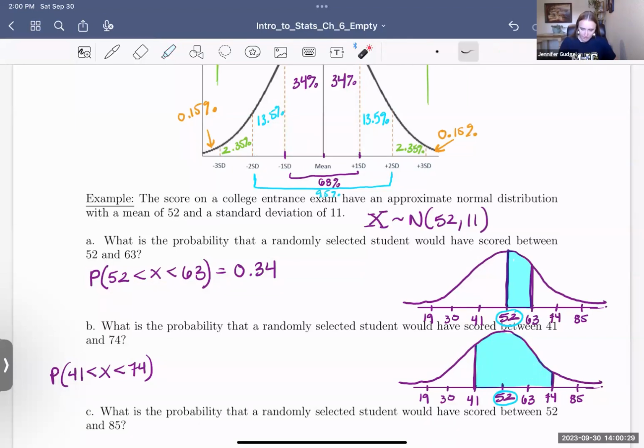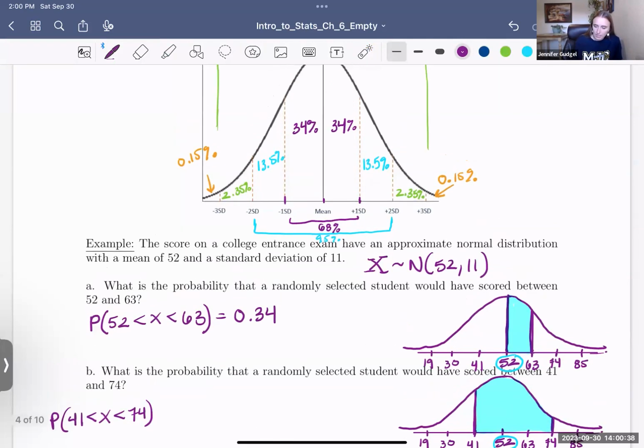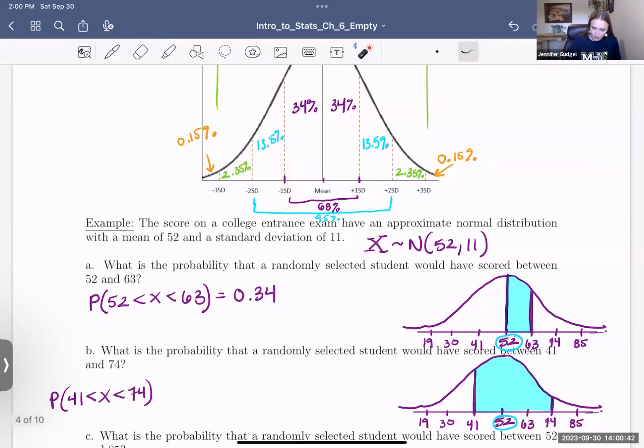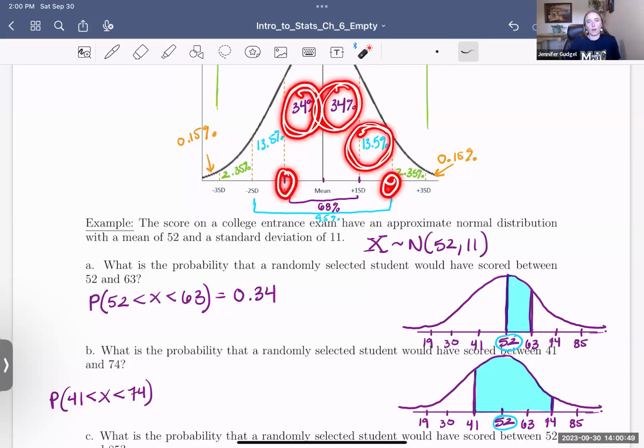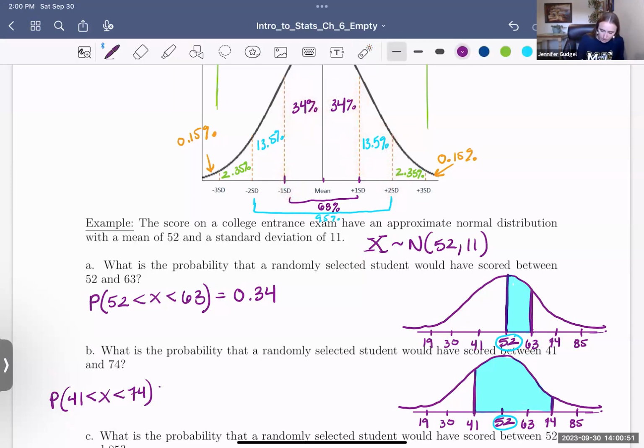All right. This was 68%, but we've added an extra little section to that. Okay, if I just take it slice by slice, we're going one standard deviation to the left to 2 to the right. So that's this slice, and this slice as well. We have to add all three of those together. So 0.34 plus 0.34 plus 0.135.